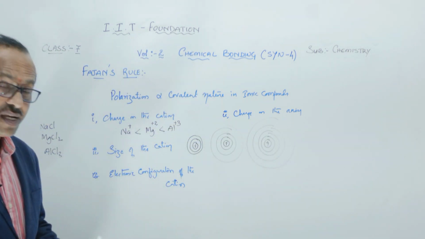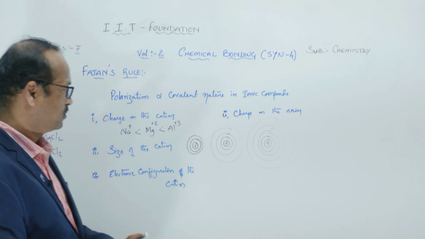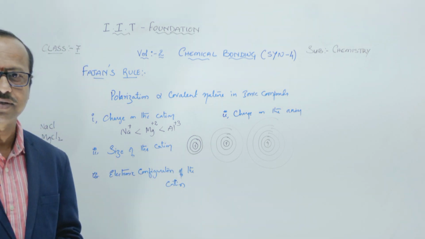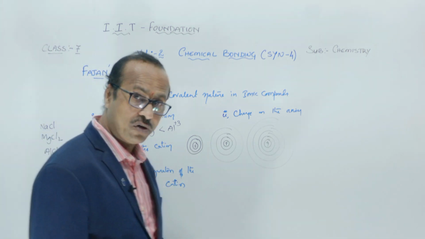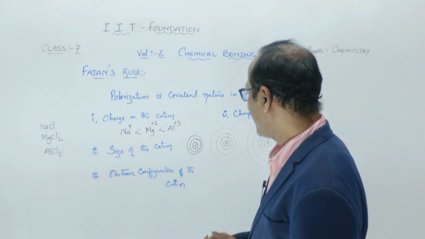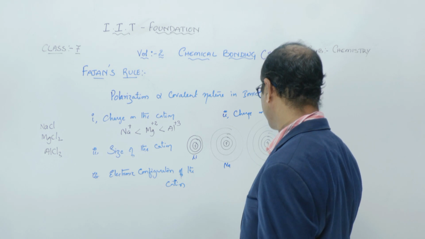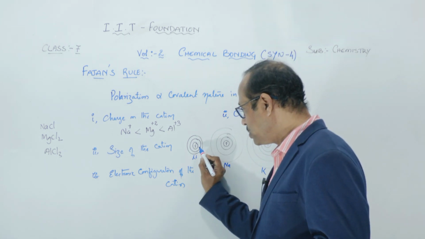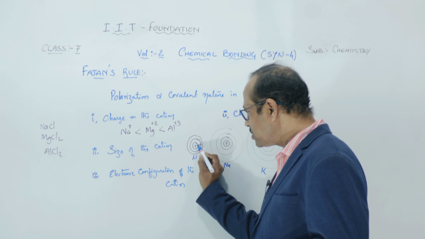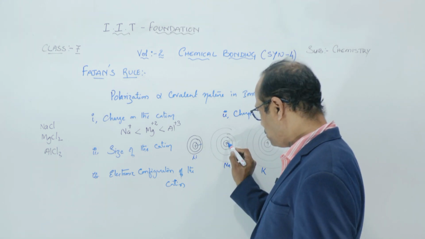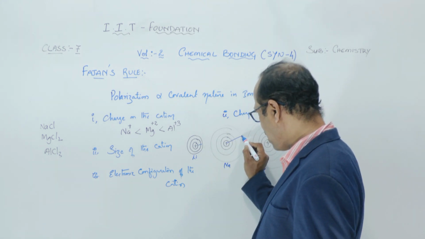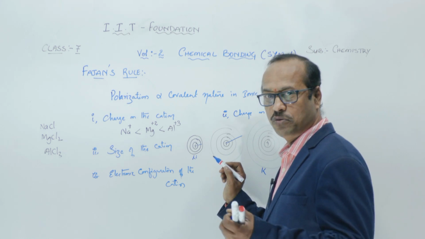In this, which has more force of attraction? Lithium has more force of attraction. It can pull the electrons very easily than the others; this is lithium, this is sodium, this is potassium. Why? Because it is very close to the nucleus, so the force of attraction will be more. Now to pull the electron here, it is a little far, so the force of attraction will be less.